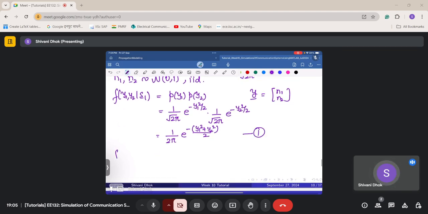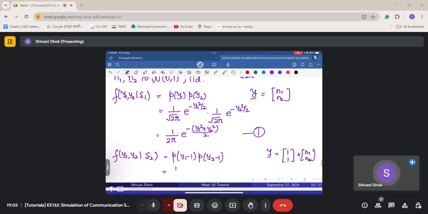Now similarly, f of y1, y2 given s2: we will have y equal to 1, 1 plus n1, n2. So this will become p of y1 minus 1 into p of y2 minus 1. This becomes 1 upon root 2 pi into e power minus y1 minus 1 square by 2 into 1 upon root 2 pi into e power minus y2 minus 1 square by 2.